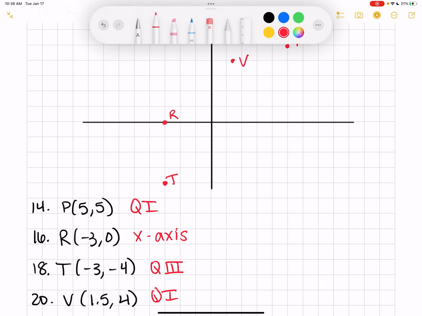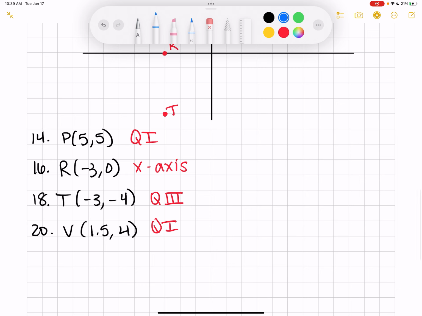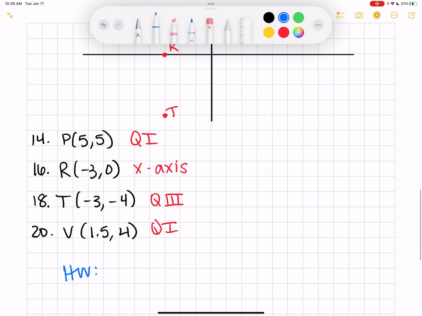Basically, your problems are going to be 3 through 11 odd, and then 15 through 21 odd. So you can have two separate graphs.